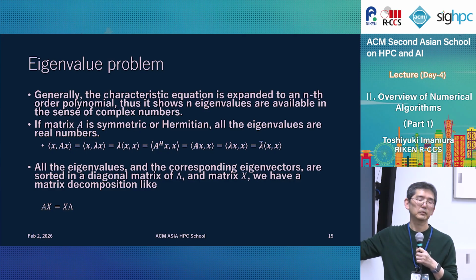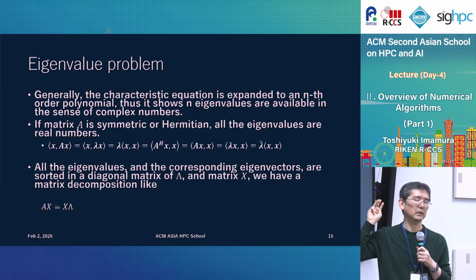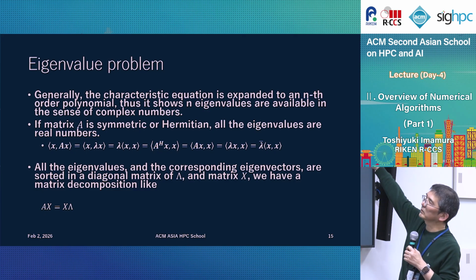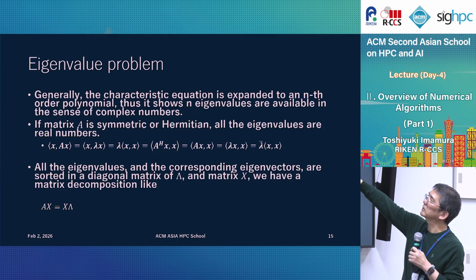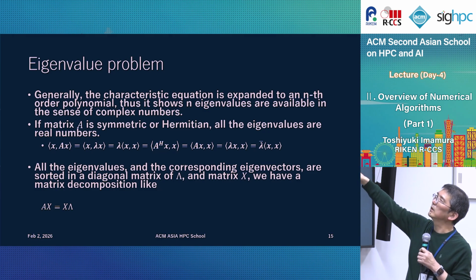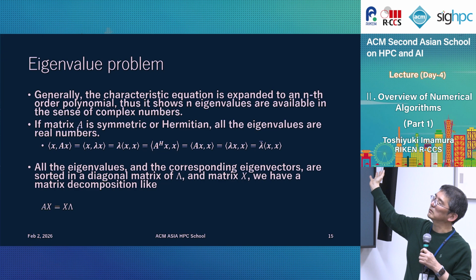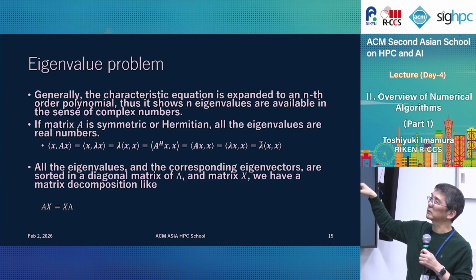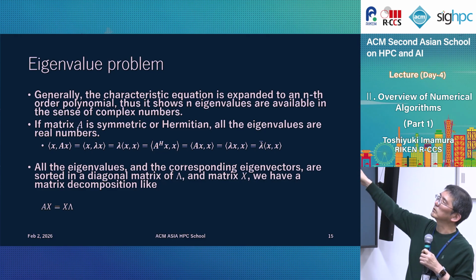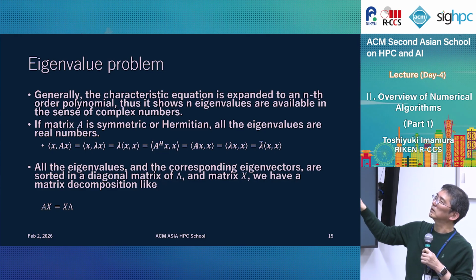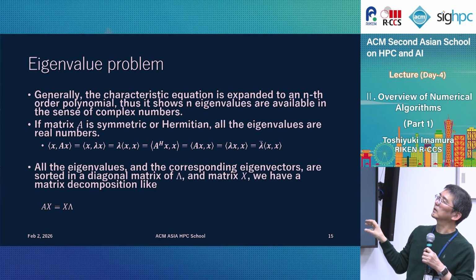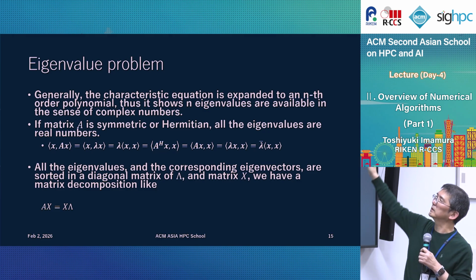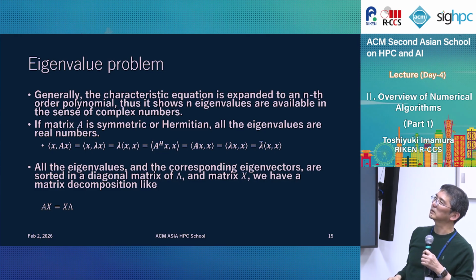For third order, we have three. It depends on the order of the polynomial. Now we have nth order, so we expect n roots, though we should consider algebraic duplication of the roots. If we count any duplication, exactly n roots are expected.